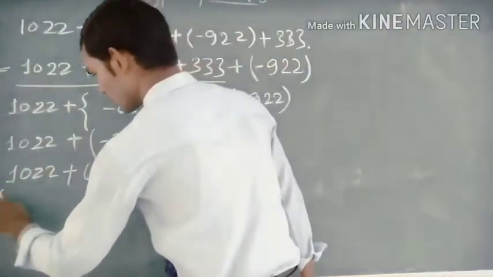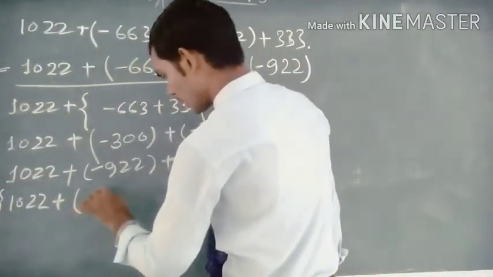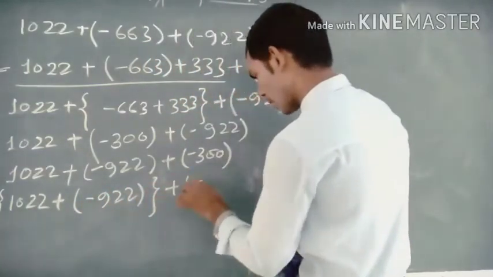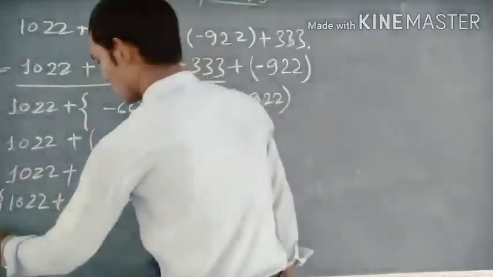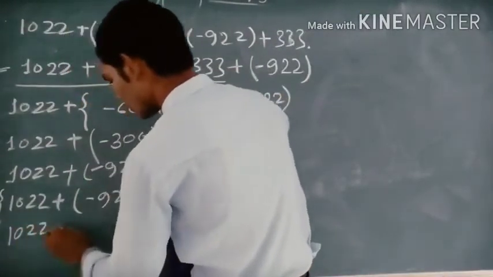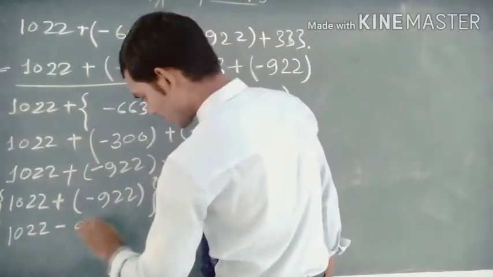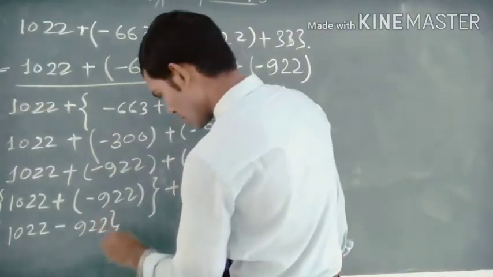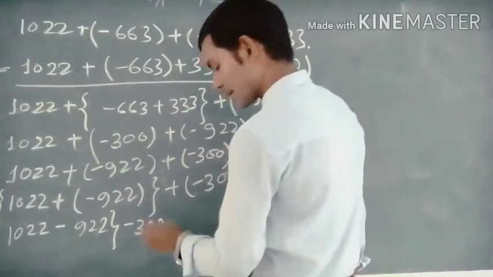We get 1022 plus minus 922 and plus minus 300 like this, and when we solve we get 1022 plus minus minus, and this will give us 922, and plus minus minus, and this will be 300.